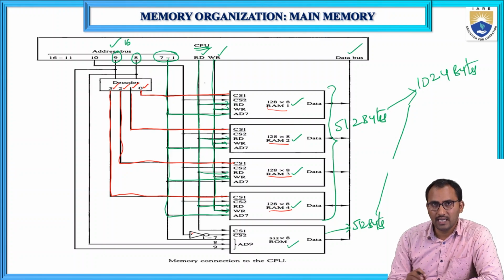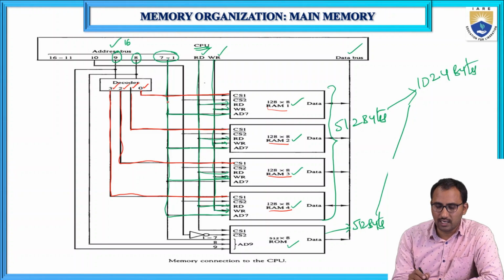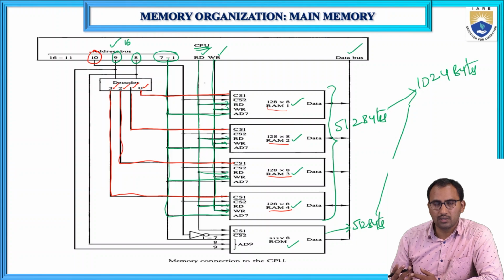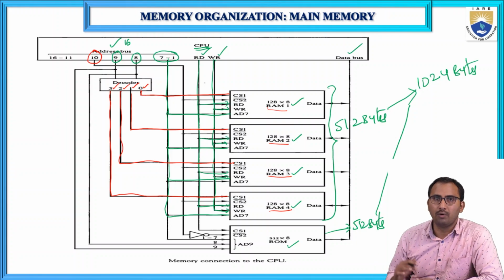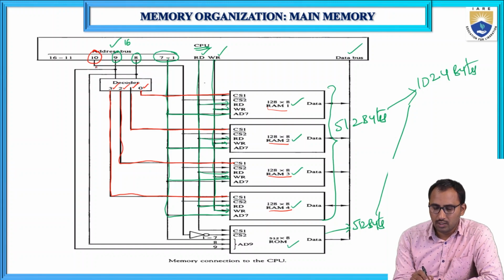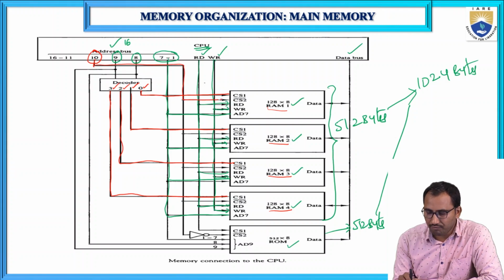So CS1 is clear. Next, CS2 bar. The 10th address line is used to distinguish the memory chip, whether we are using a RAM chip or a ROM chip. For that purpose, the 10th address line we give directly to the CS2 of RAM 1, RAM 2, RAM 3, and RAM 4 also.